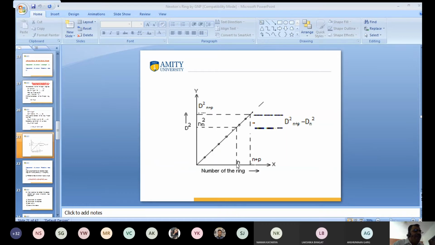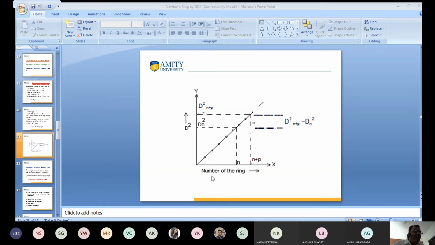If you draw this, this value gives Dn square, the square of the diameter of the nth bright ring. Because we are plotting the graph of D square, at this point we get the value of Dn square.